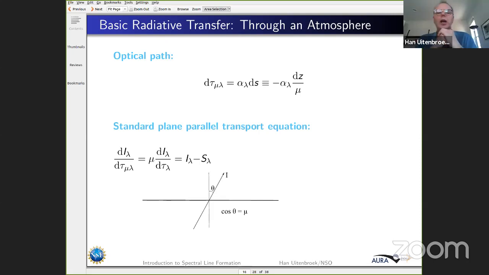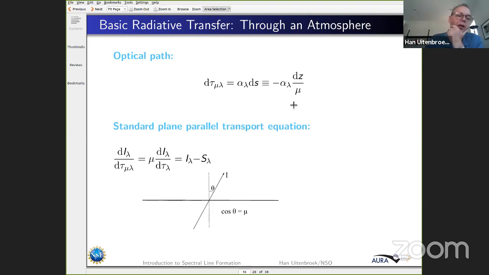Yes, please. Okay, so now let's assume we have what is called a semi-infinite plane parallel atmosphere. Semi-infinite because the atmosphere goes to infinity the deeper we go.